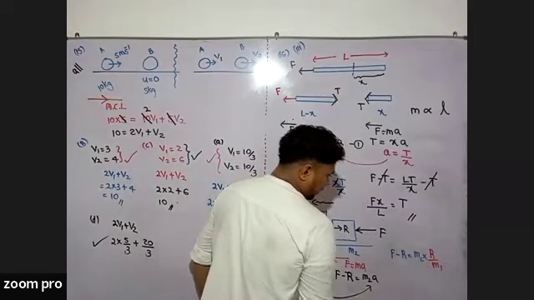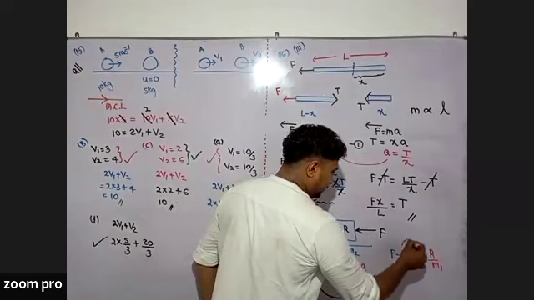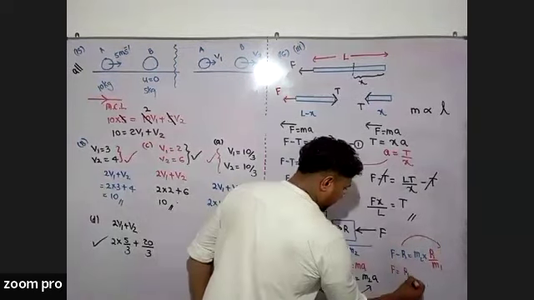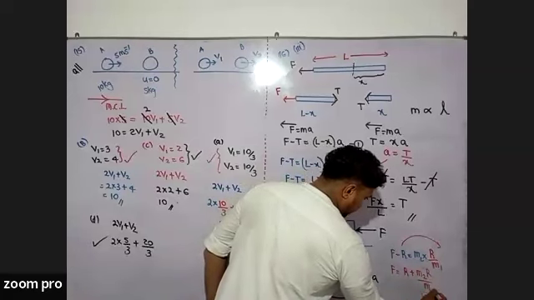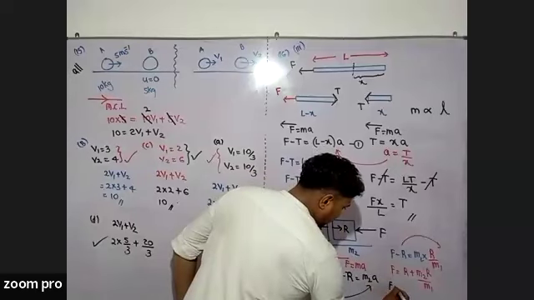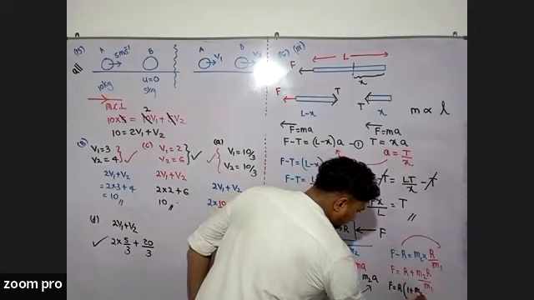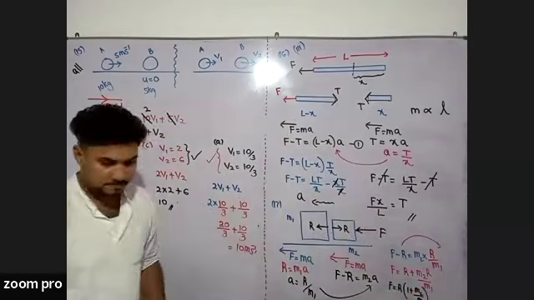Then I'm taking this R to the opposite side, then F equal to R plus M2 into R over M1. Then F equal to R into (1 plus M2 over M1). And this is the answer.